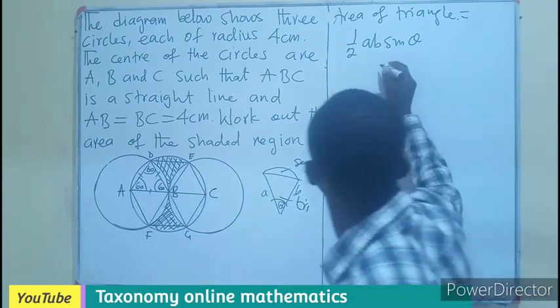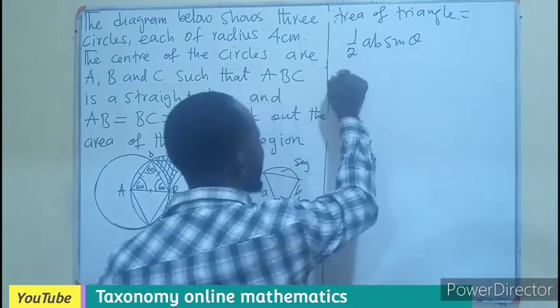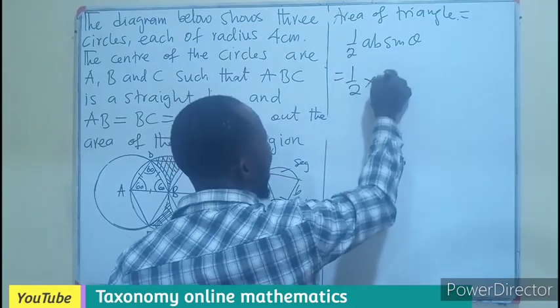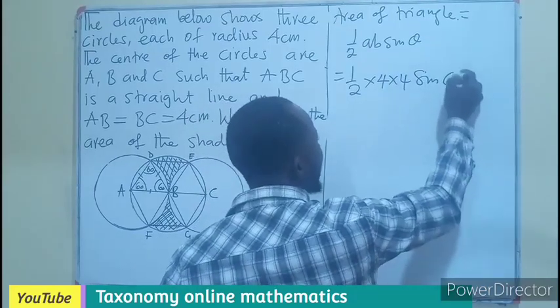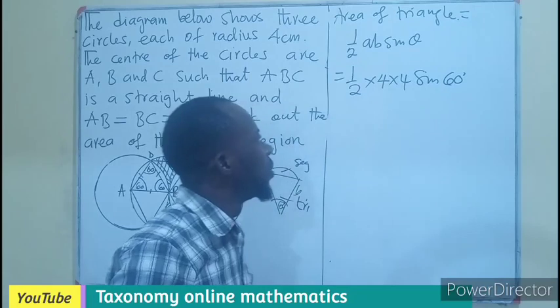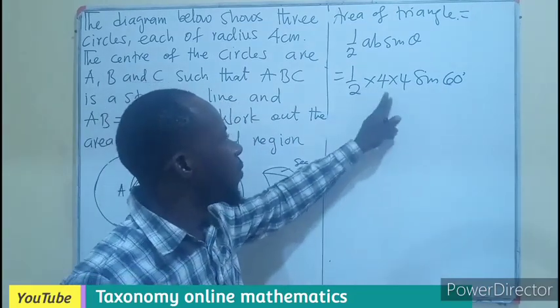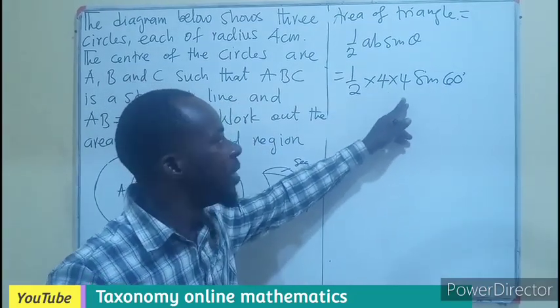So your area will be 1/2 times 4 times 4 times sine 60 degrees, which I believe is half of 4, which is 2, times 4, which is 8.